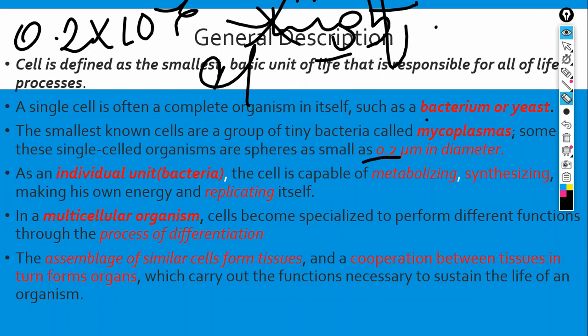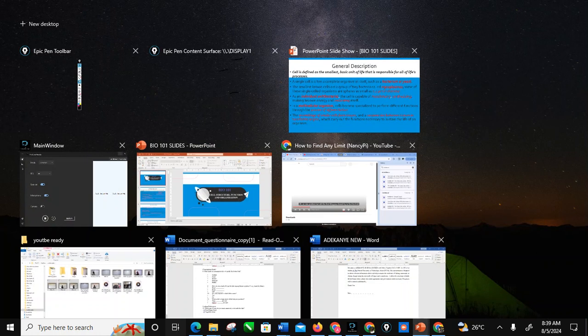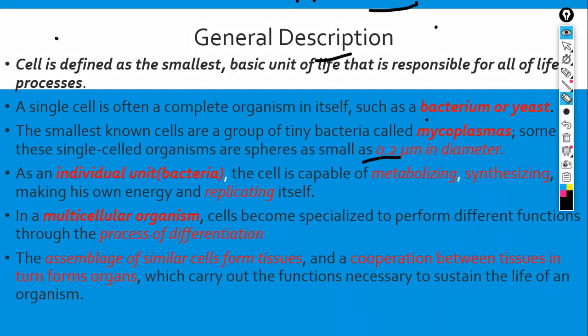All right. So then, as an individual unit, that is bacteria, the cell is capable of synthesizing, metabolizing, that is performing all life processes, including breaking down and building up processes. Metabolism is divided into two.